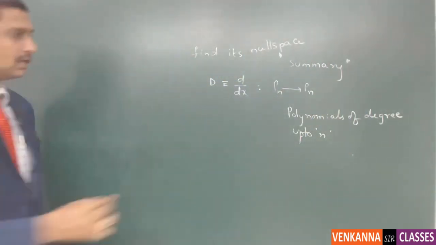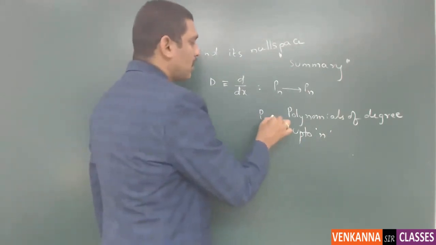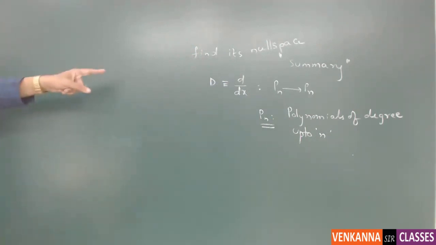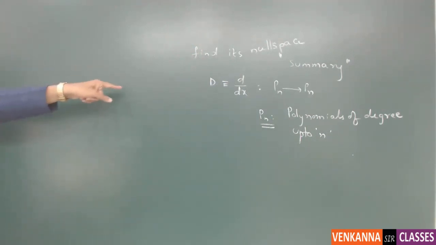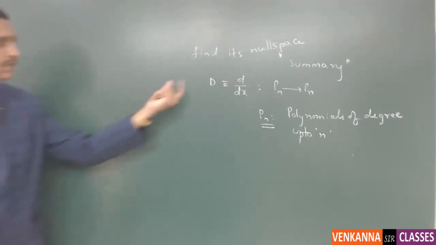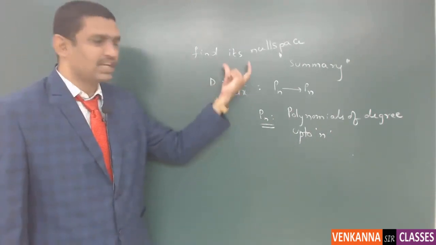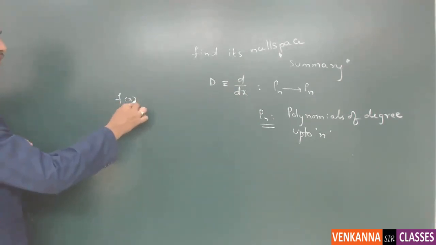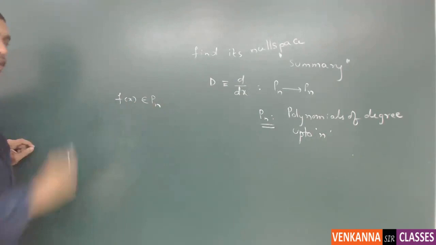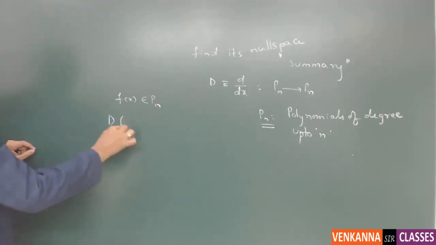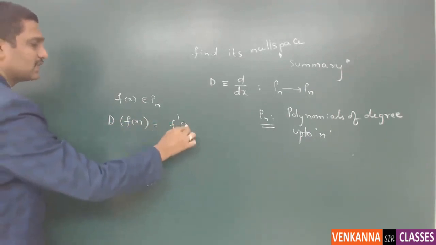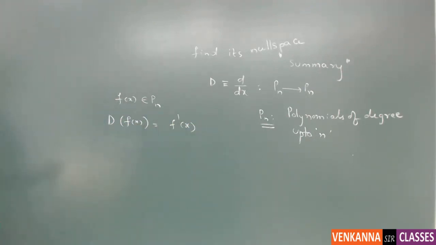So Pn stands for all polynomials of degree up to n. Now the transformation d from Pn to Pn is defined as d stands for the first derivative. It means that whenever I take a polynomial f of x in Pn, then d of f of x is nothing but f dash of x. So that was the transformation that I have taken.